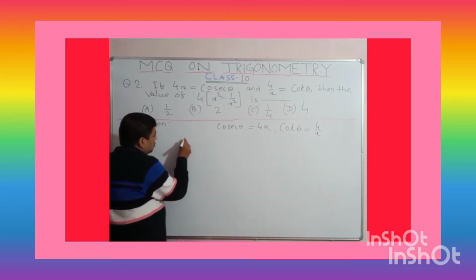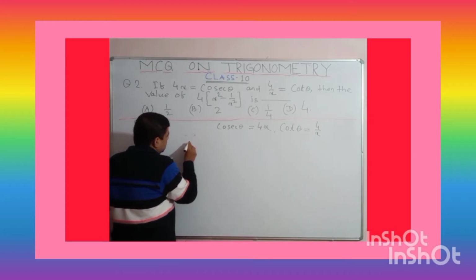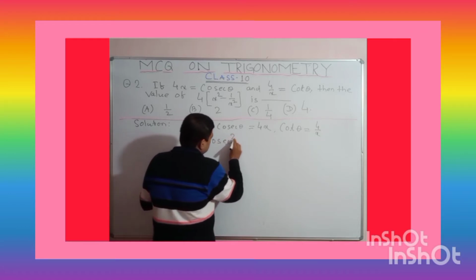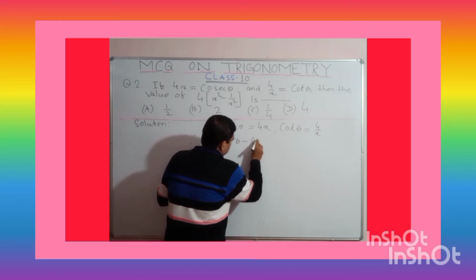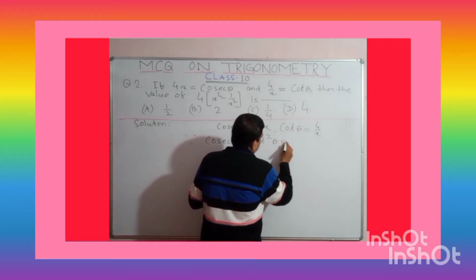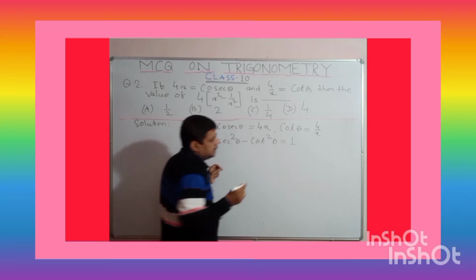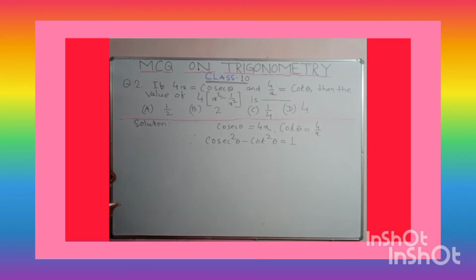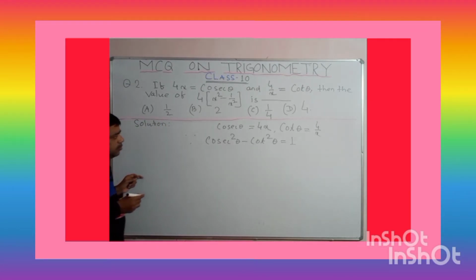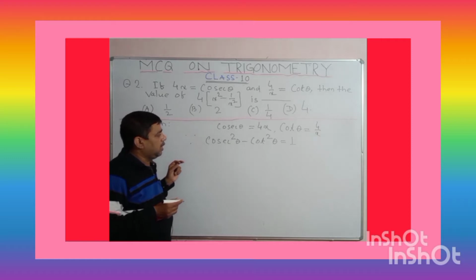Yes or no? So since we know that cosec square theta minus cot square theta is equal to 1, can you use this identity? So this identity can be useful for this. Because cosec theta is given and cot theta is given, we can find the desired relationship and the required answer.